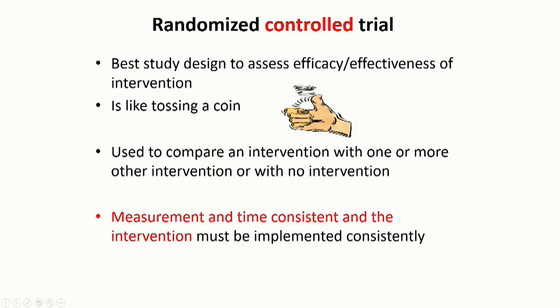So again, we talk about RCT trial. It's like tossing a coin. So there are many ways that you can do a randomization. You can do sequential randomization. You can do a simple toss a coin randomization. Please go back and look online about the ways that you can do randomization.